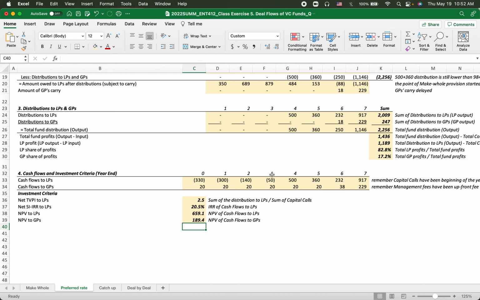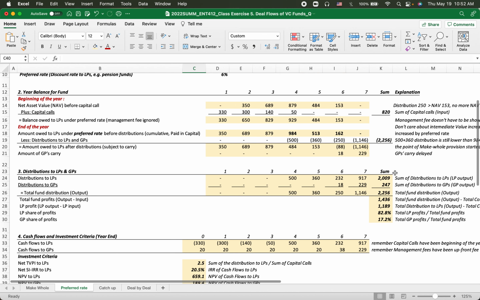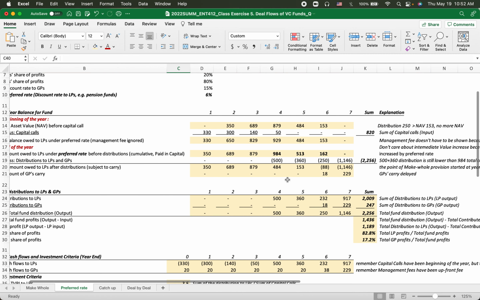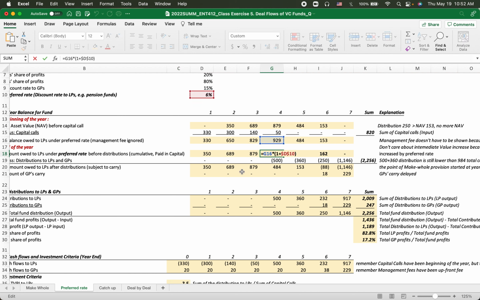Okay, so the point here is when we apply the preferred rate provision clause here, this amount owed to the LPs under preferred rate before distribution must be increased by preferred rate compounded, right?